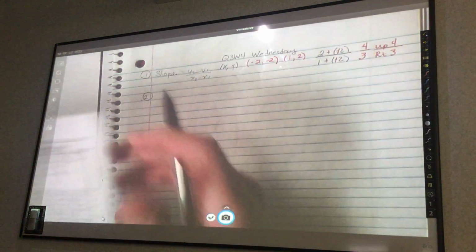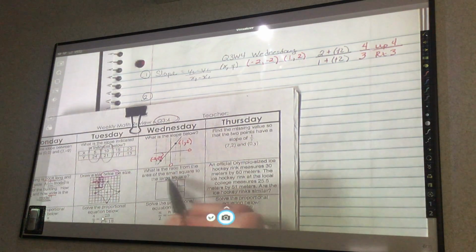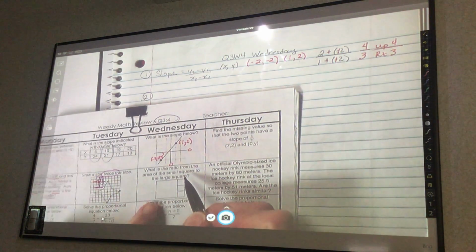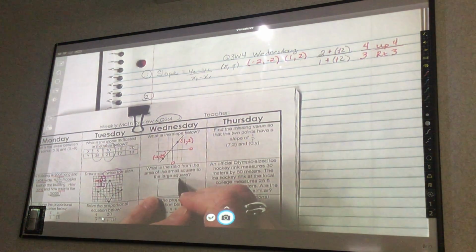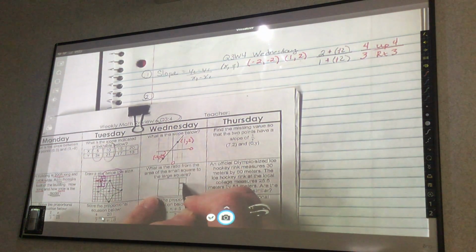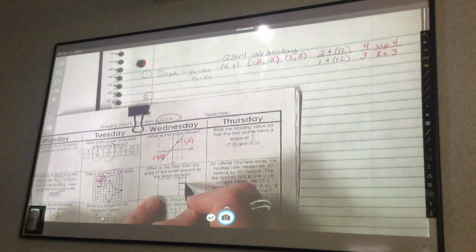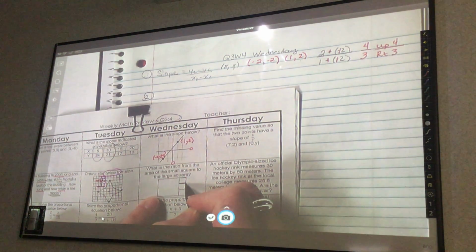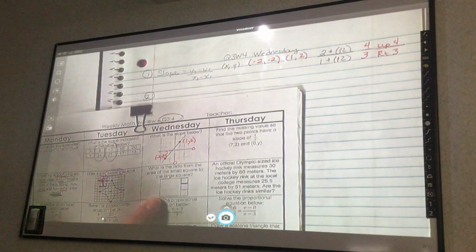When it's asking for the ratio from the area of the small square to the large square, this right here is one small square, okay? So the area of that would be 1 to 1, okay?